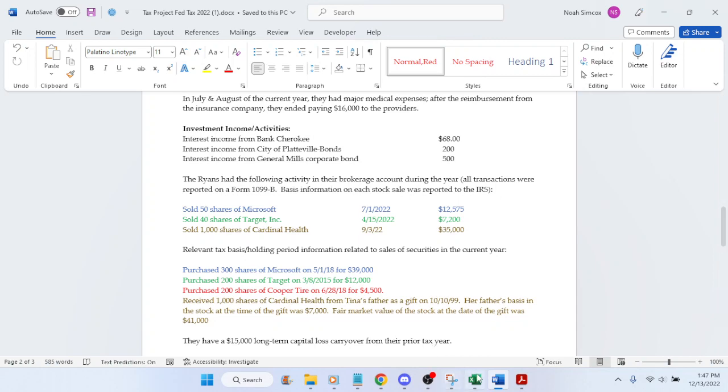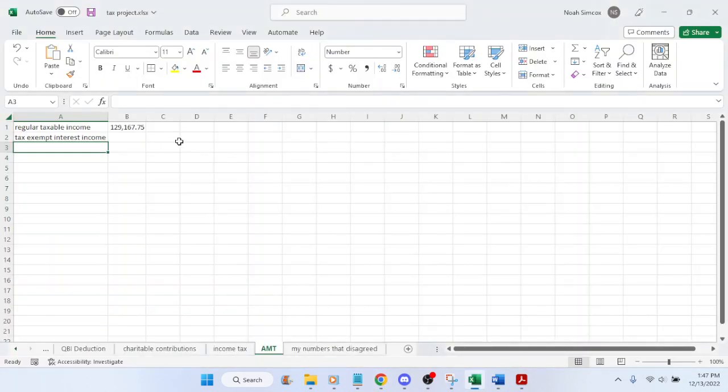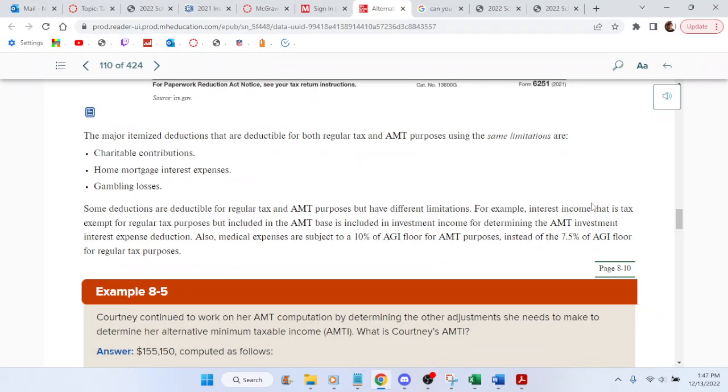So I believe we have to add that, right? According to that. According to our book, it says interest income that is tax exempt for regular tax purposes, but included in the AMT base, is included in investment income.